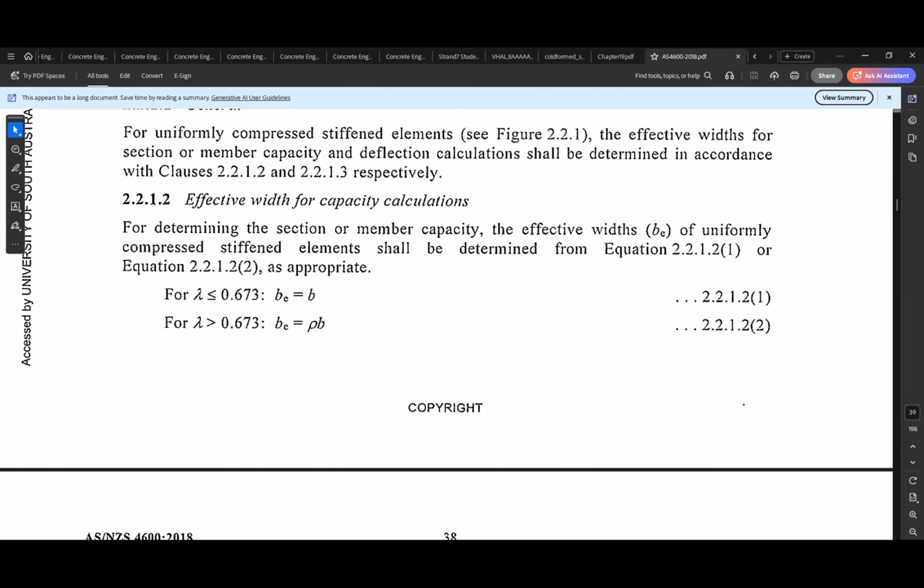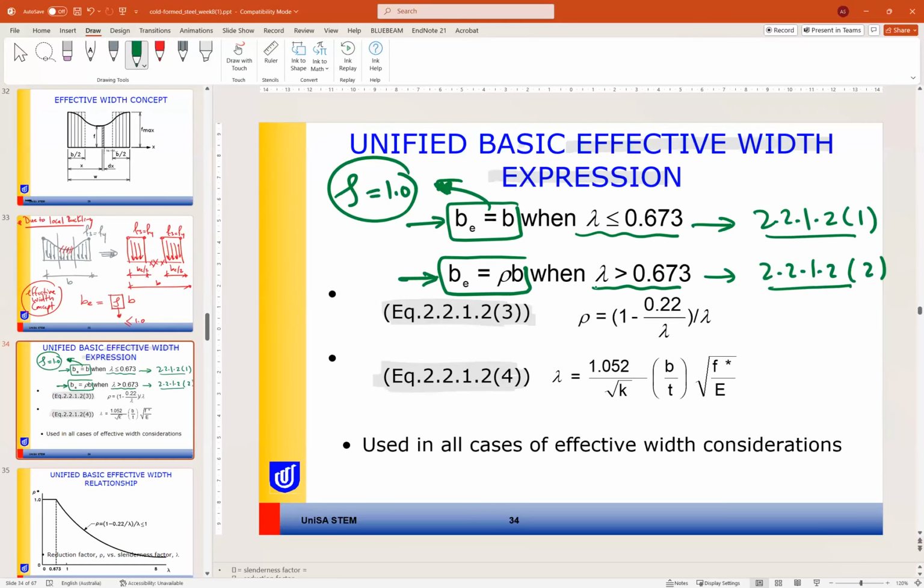What I have written is just the number of the formulas here, where we should now know how much is rho and how much is lambda. So rho is equal to this formula here: rho equals (1 minus 0.22 divided by lambda), all divided by lambda.